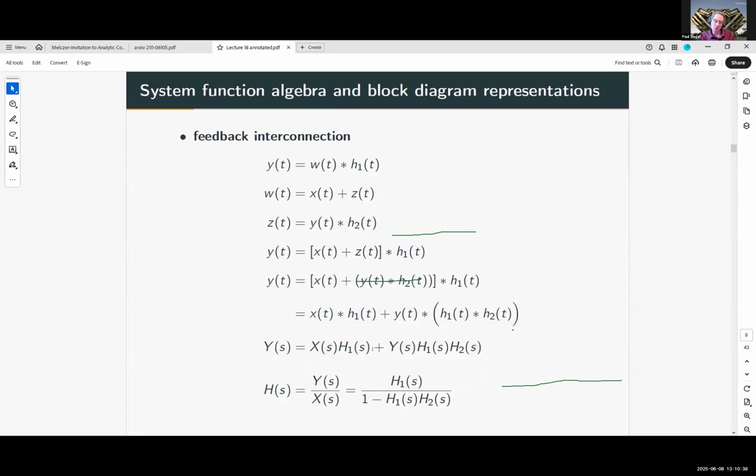You can view the derivation in the context of computing the output in the time domain.